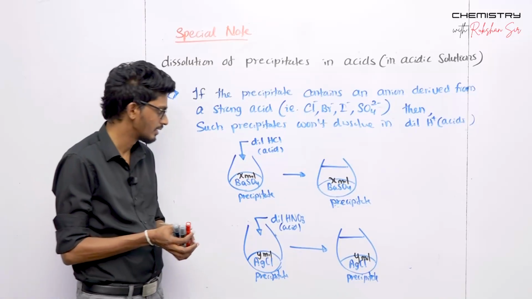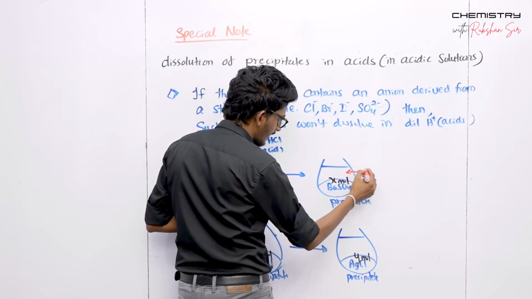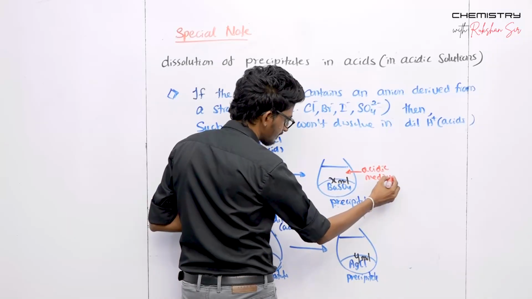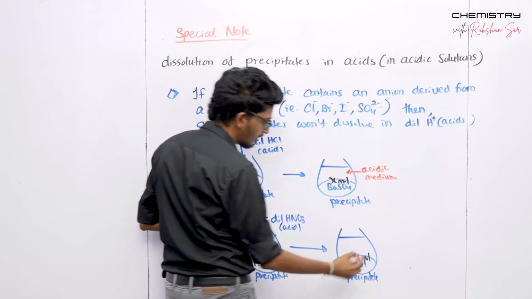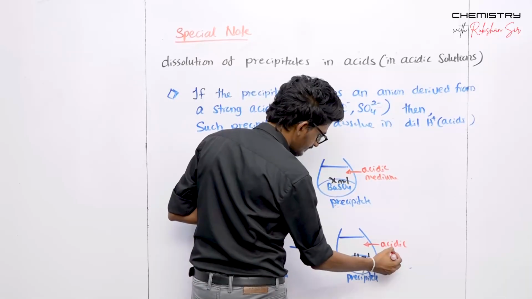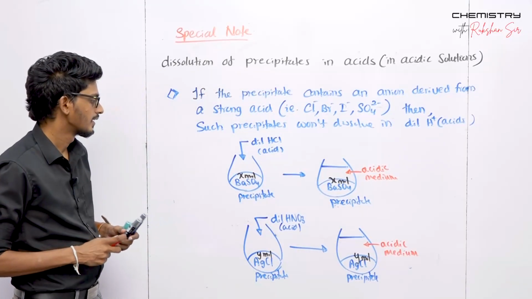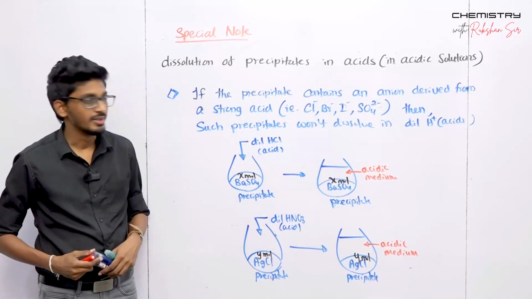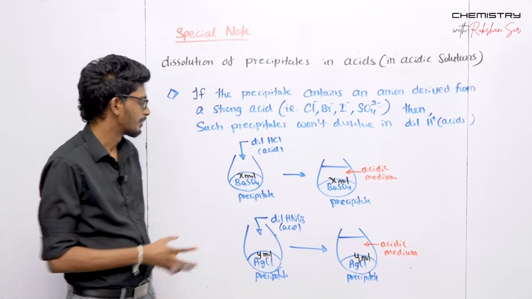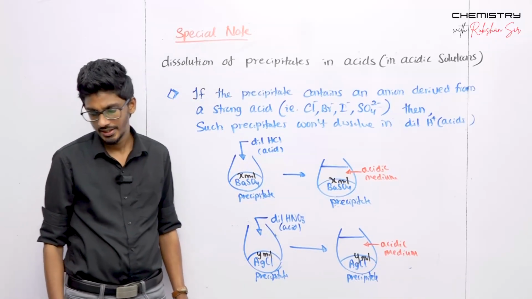So you are now seeing an acidic medium here. Still, your precipitate stands, won't dissolve. This very special thing happens with the precipitates containing strong acid anions. So that is one thing you should know. If a precipitate is with a strong acid anion, that won't dissolve in dil acids.